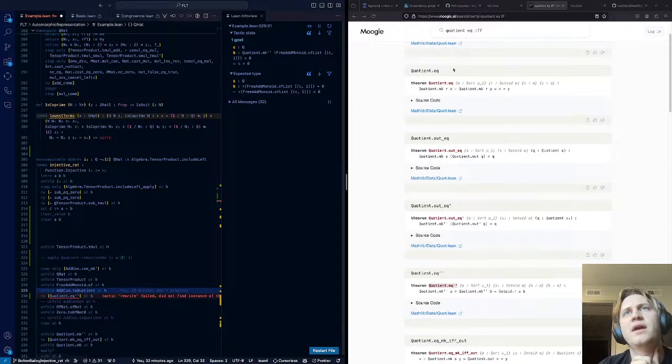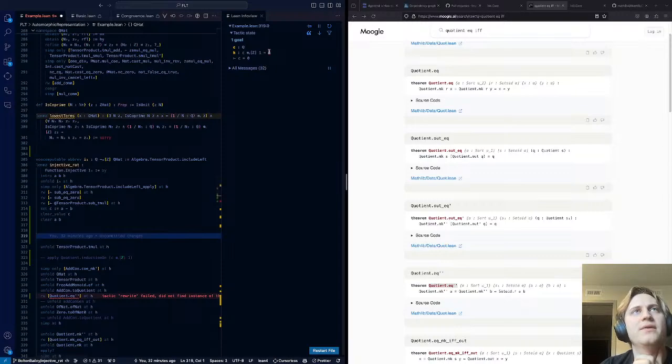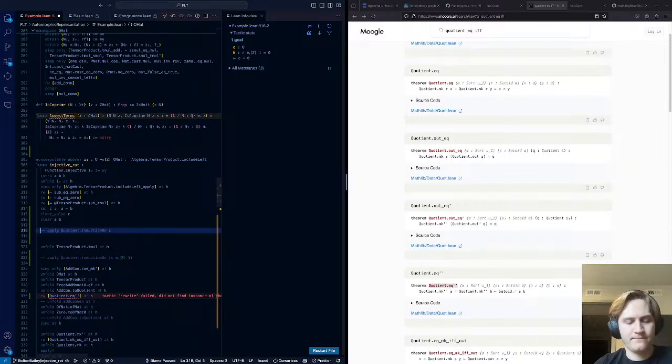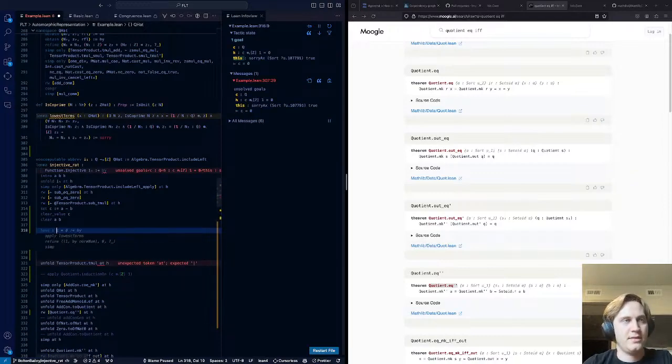So the thing that I want now is, if I mouse over this, if I go all the way back here, 0 is in Q hat.